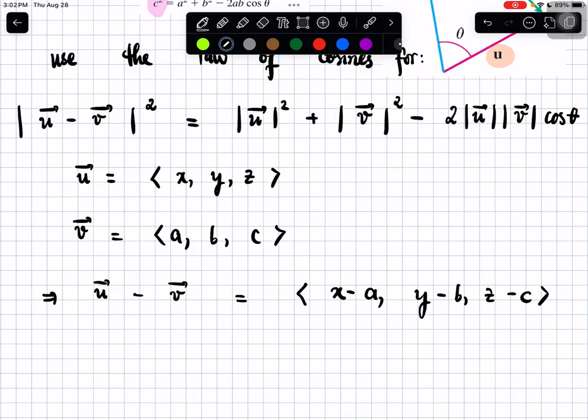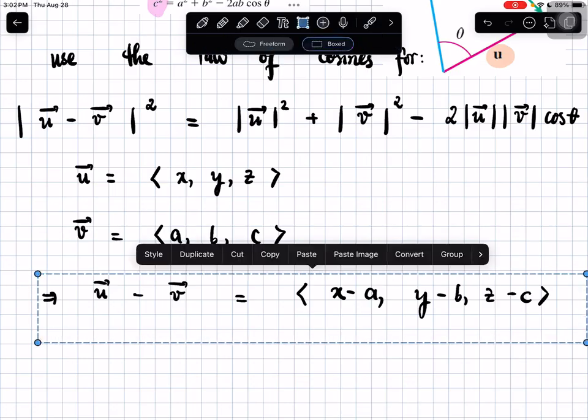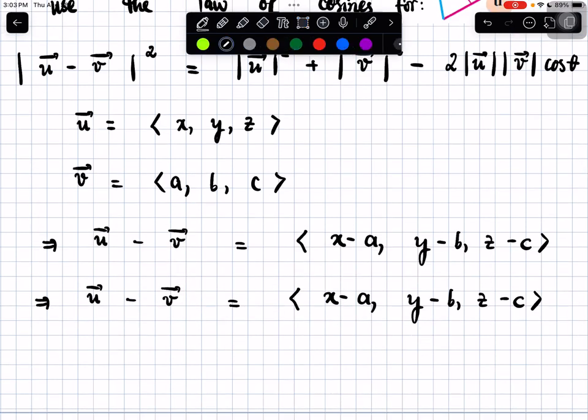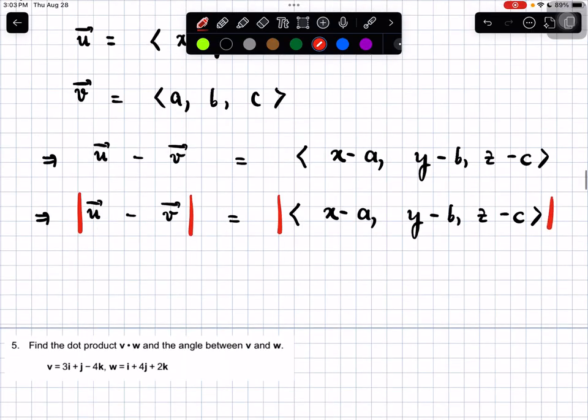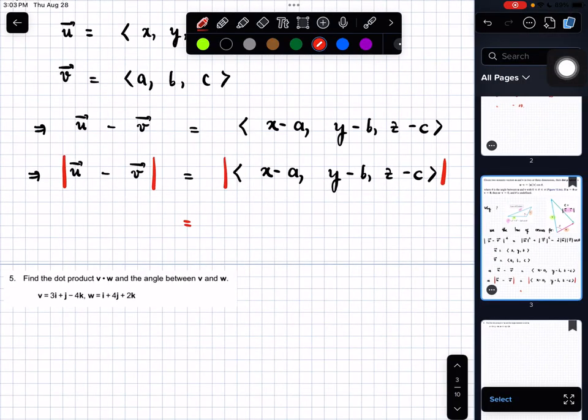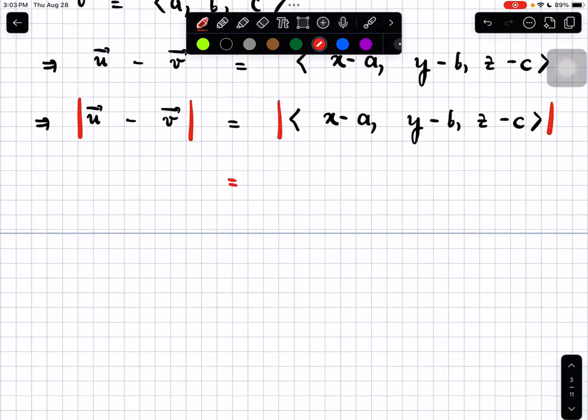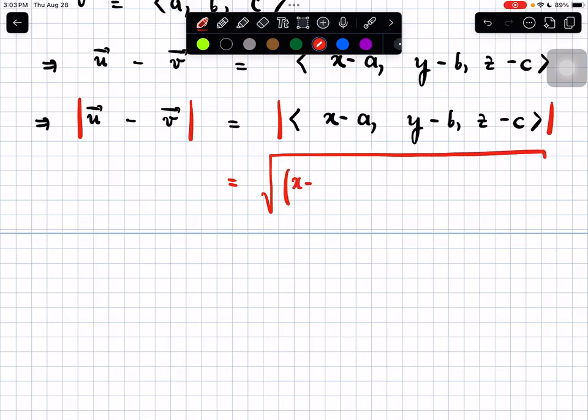The length of u minus v is the length of this vector, and by definition it is the square root of (x minus a) squared plus (y minus b) squared plus (z minus c) squared.